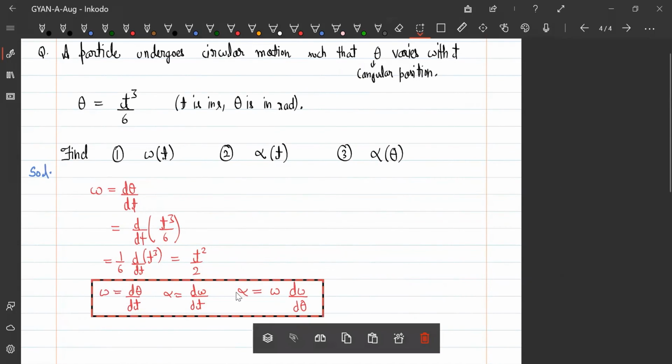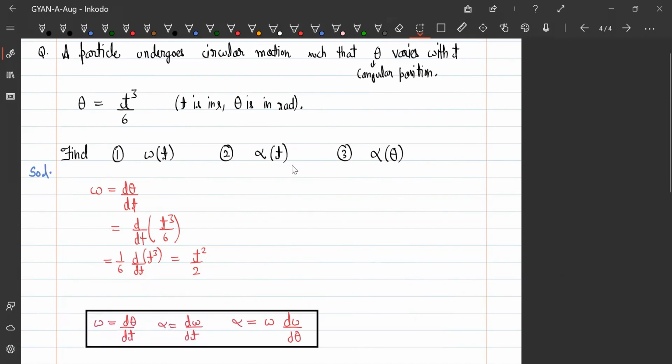Similarly, tell me the value of alpha. Alpha को लिख सकते हैं d omega by dt. And you have already got omega as a function of time. Omega is t square by 2. Sir, वो t आएगा. हाँ, सिर्फ t आएगा. Alpha is equal to t. अच्छा, यहाँ पे units अलग अलग होंगे because some constant का unit multiplied है. So alpha as a function of theta find out करना है.